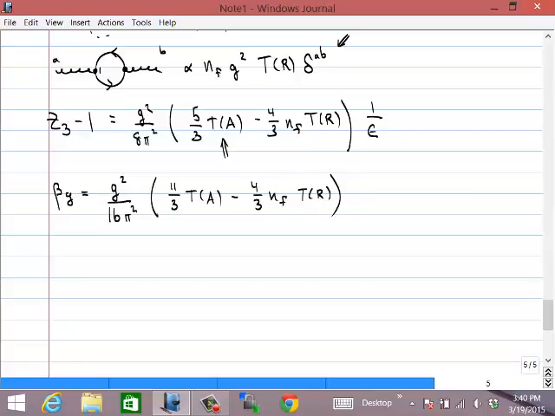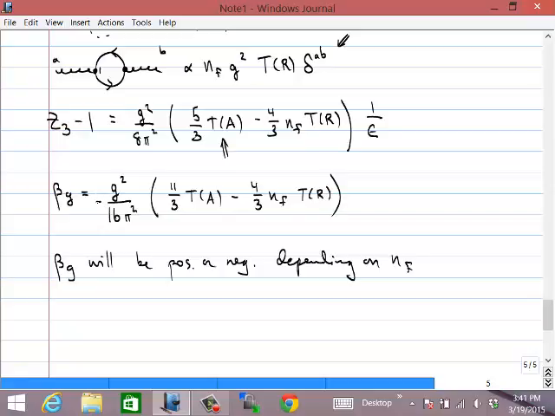And so you can see here that something very interesting is happening. The beta function will be positive or negative depending on N_F. And there's actually an overall minus sign out front.